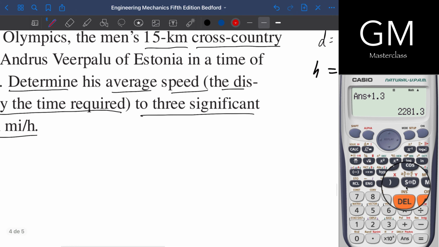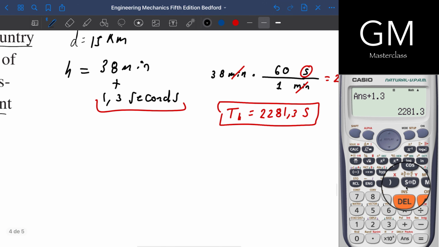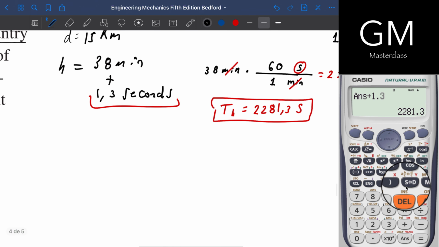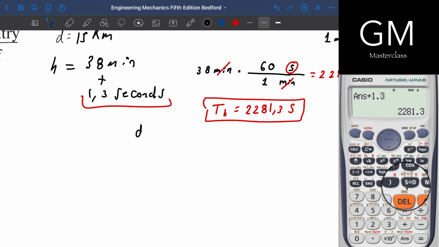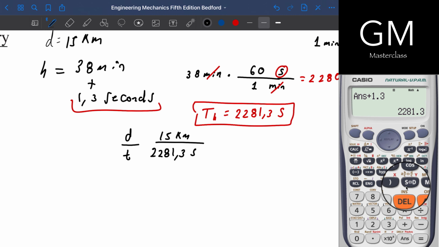And then the speed is given by a distance divided by time. So I have the result in 15 kilometers per 2,281.3 seconds.